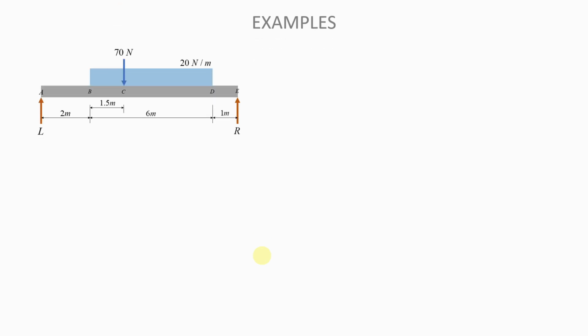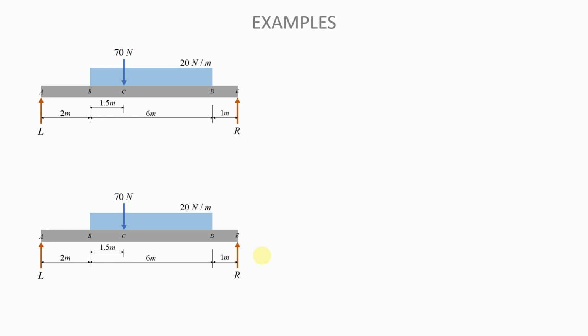So this is what we have. The first thing we need to do, of course, is to find reactions. And to find reactions, we will need to replace that UDL with a force that is equivalent to it. Here you can see we still have the beam with the UDL, but if we need to replace this UDL by a force equivalent to it, we need to first see the length over which the UDL is acting, which is 6 meters in this case.